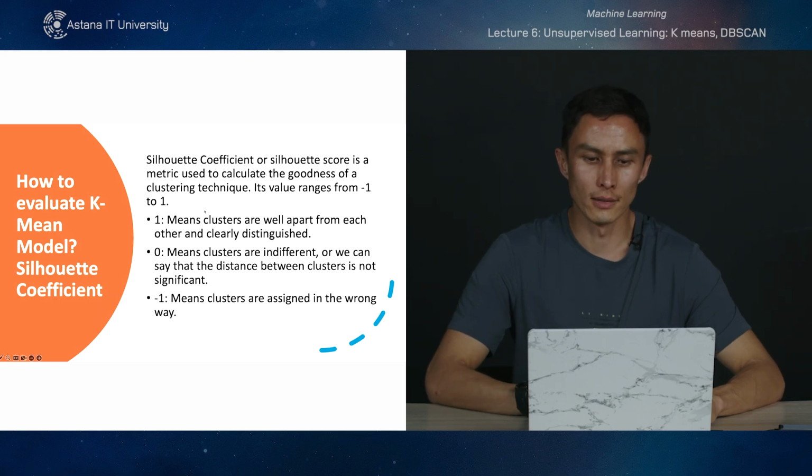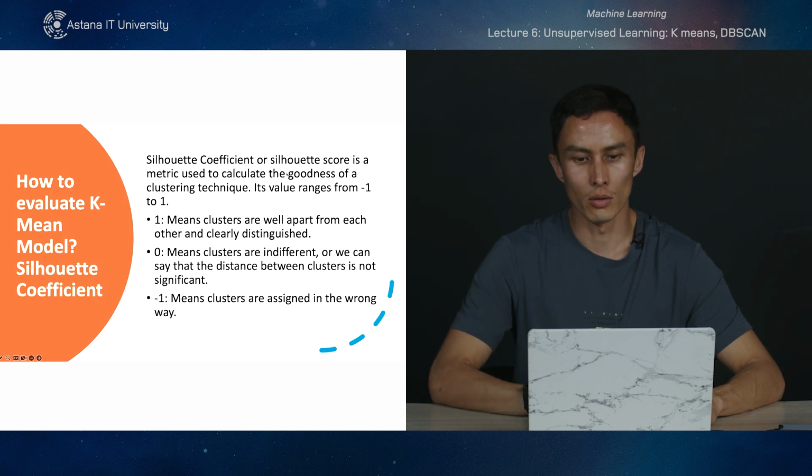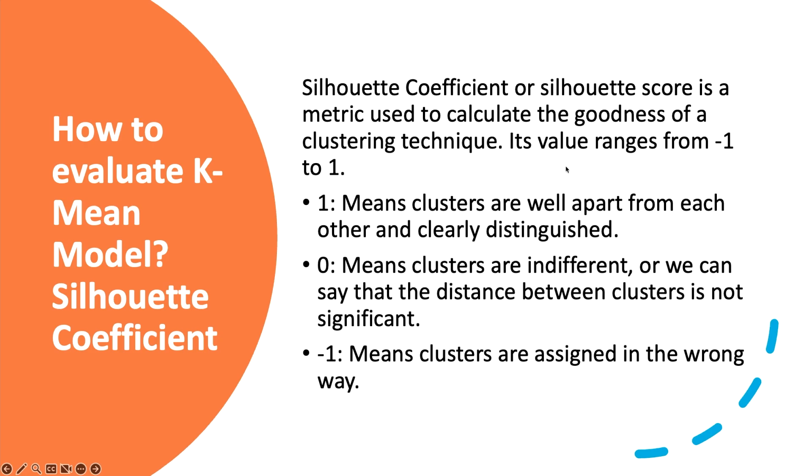There also exists the silhouette coefficient, or silhouette score. This is a metric to evaluate how well your data set is clustered. If this silhouette coefficient is close to 1, it means your data set is clearly divided into groups, or different clusters.